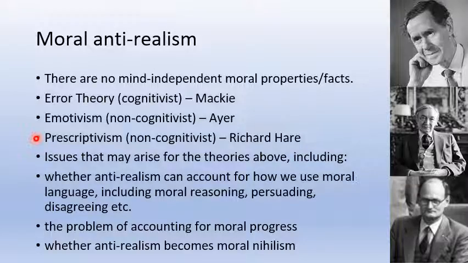So murder is wrong cannot be true or false. It's a mistake to think that that sentence could be true or even false, non-cognitivist and anti-realist. So it couldn't be true or false and therefore can't be an objective fact. What is it then? It's just an articulation and expression of someone saying, don't murder.